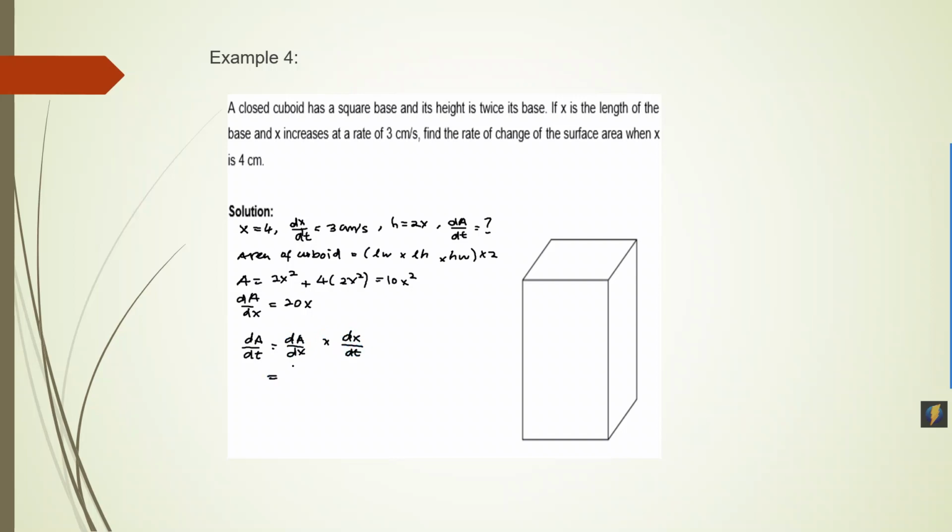Okay, so dA over dx is 20 times x, which is 4, times 3. Okay, so the answer is 240 meter squared per second. Okay, thank you guys.